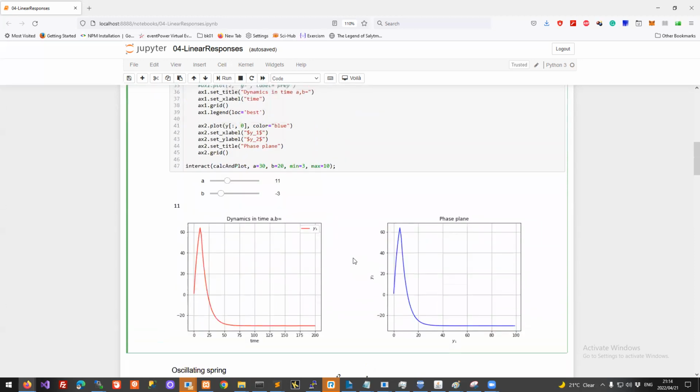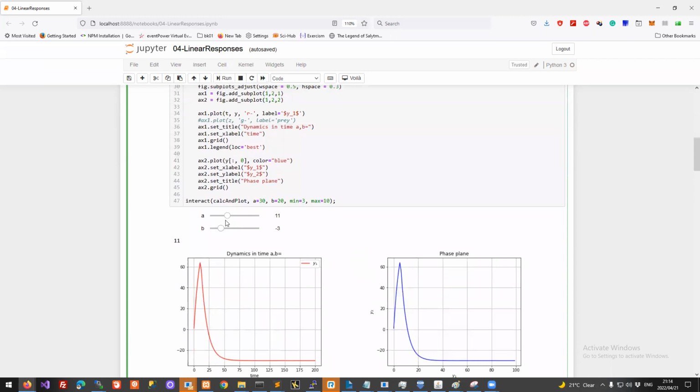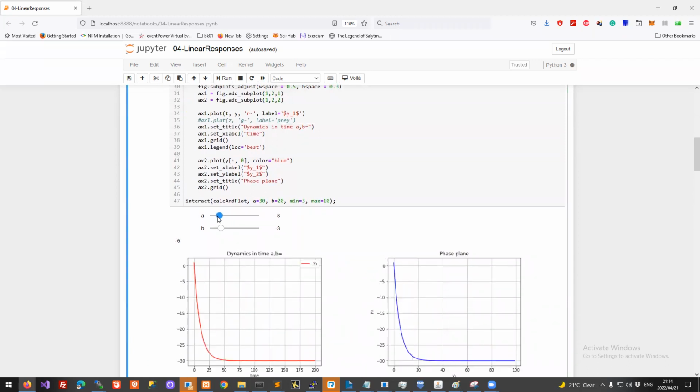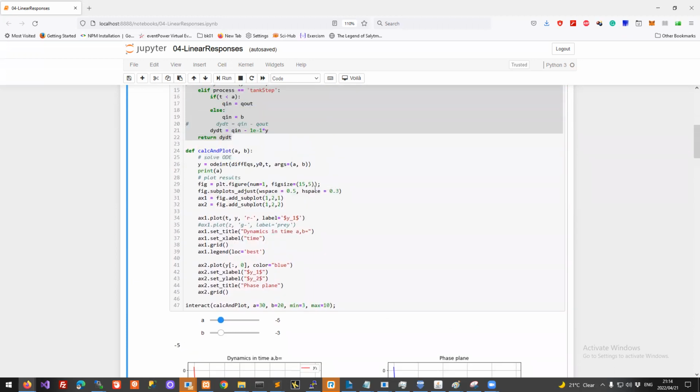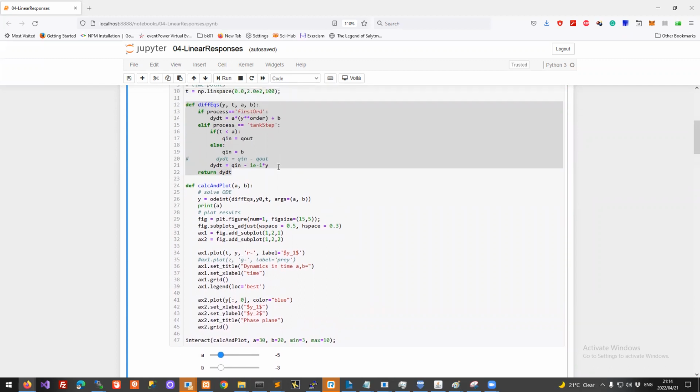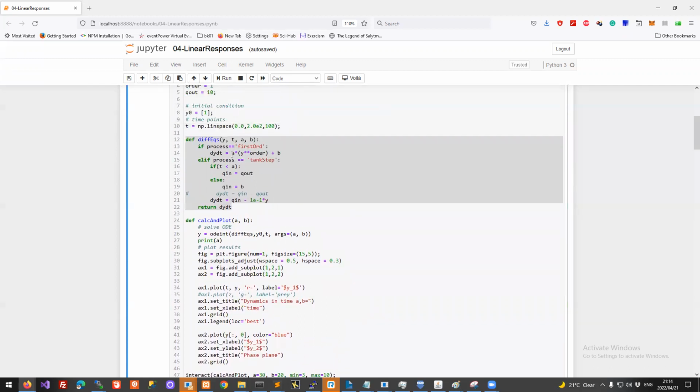And if you look at the plot here, let's actually just get this to slightly better values. So let's say we have a negative value for A. If A is negative, and if we look in our differential equation, it's this one.